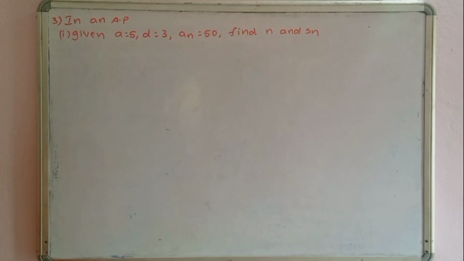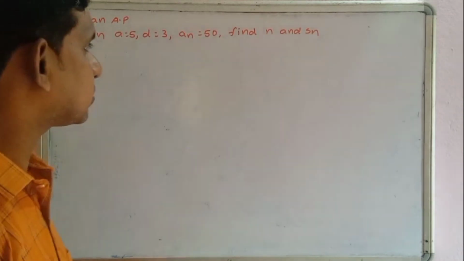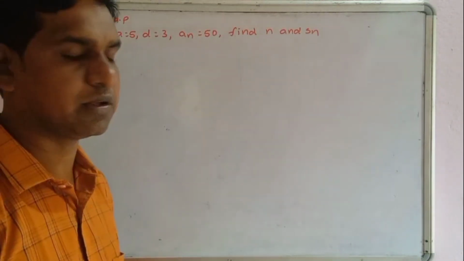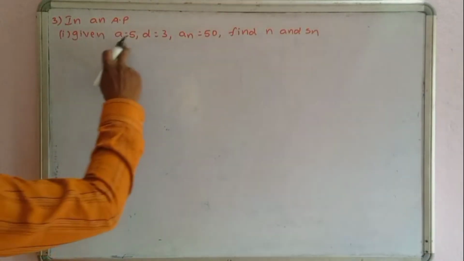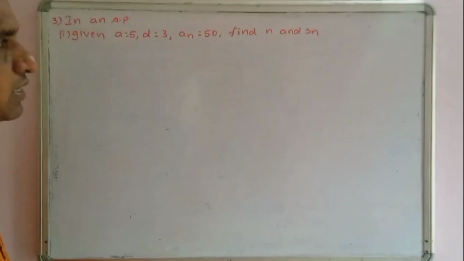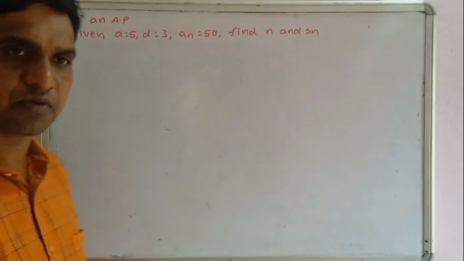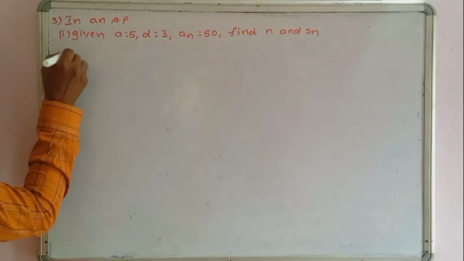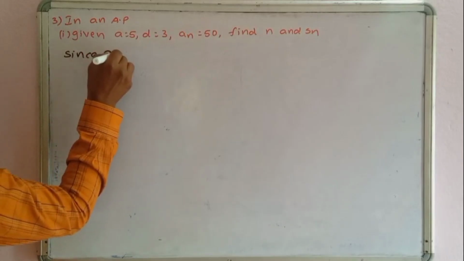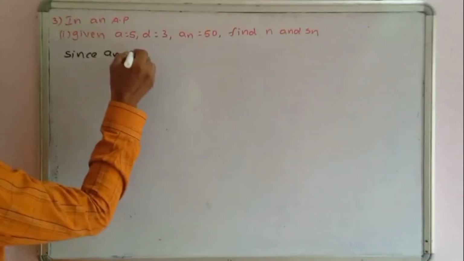Problem 3. In an AP, given a equals 5, d equals 3 and an equals 50. Find n and Sn. Okay. See, a equals 5, d equals 3 and an equals 50 is given. So now we will find the values of n and Sn using these terms. Since an equals how much? 50.